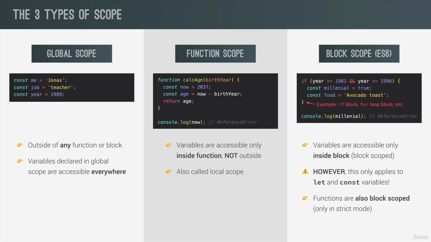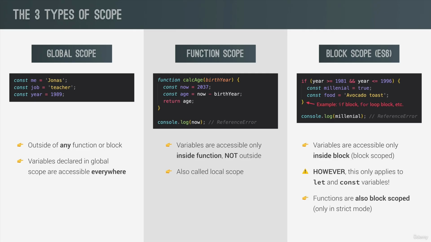Now, the big difference is that block scopes only apply to variables declared with let or const. Okay? So, again, only let and const variables are restricted to the block in which they were created. That's why we say that let and const variables are block scoped.